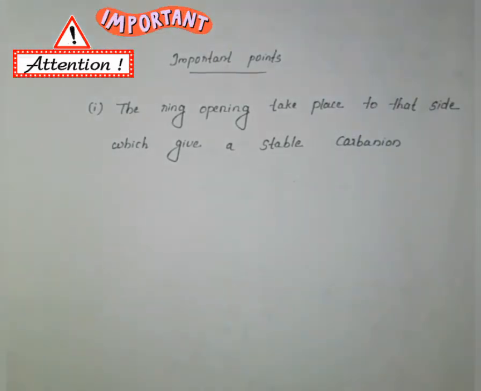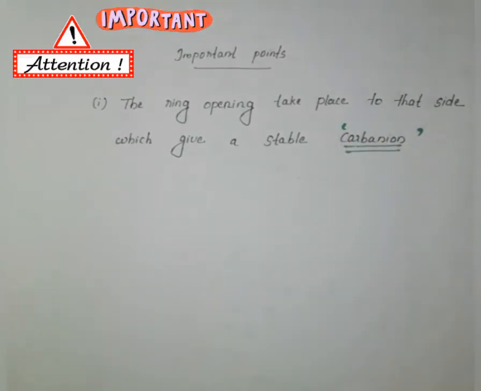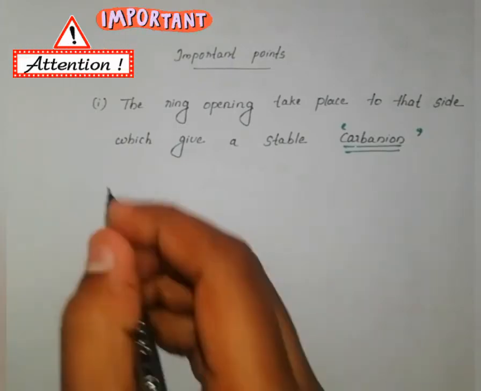Okay, so please keep this in mind, this is an important point. So ring opening takes place on those sides which give a stable carbanion.